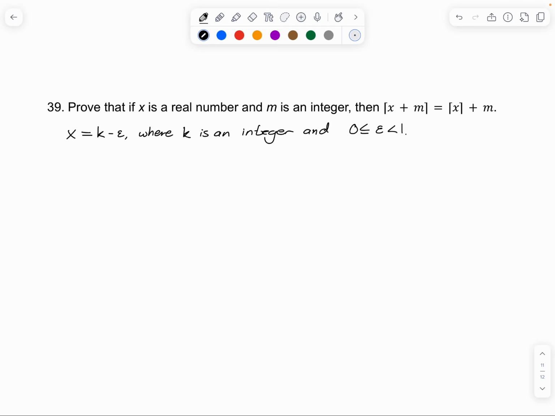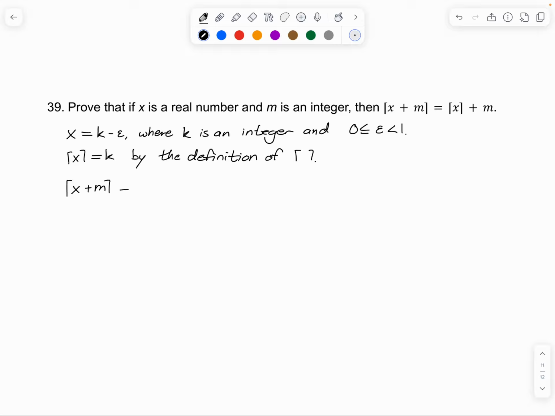Okay, so if you can do this, then let's see. Then rounding x up should give you k. And that's just by the definition of the ceiling function. Then, okay, let's take a look at x plus m.